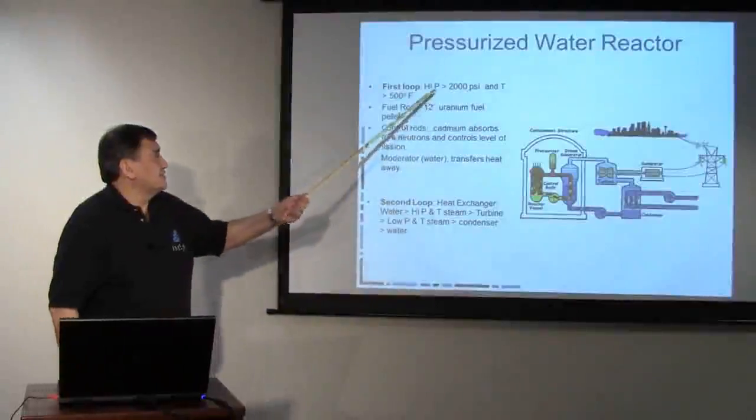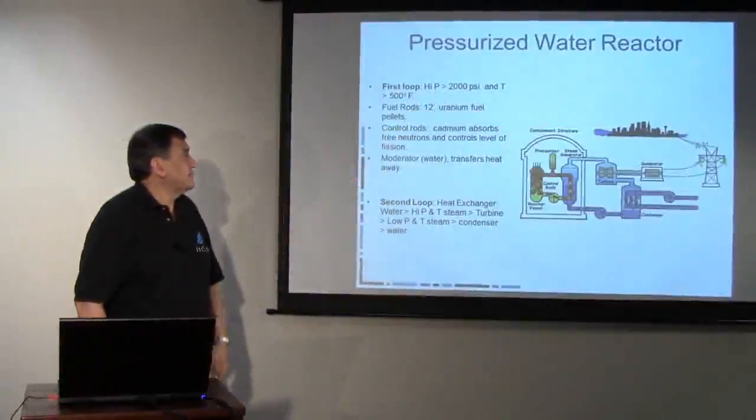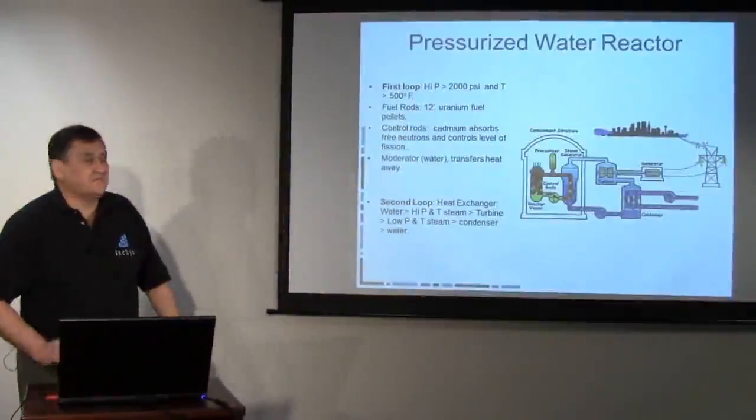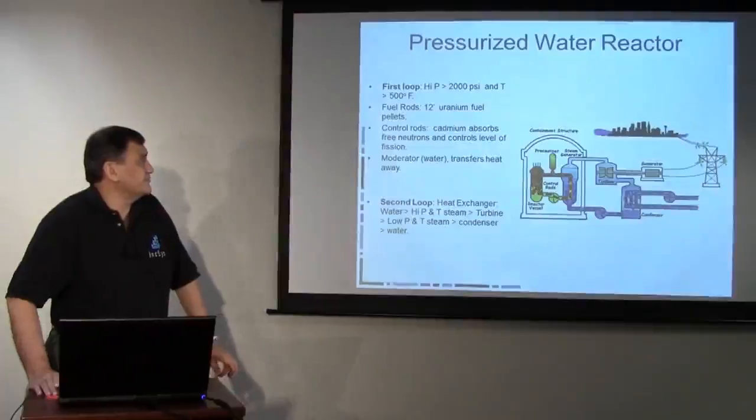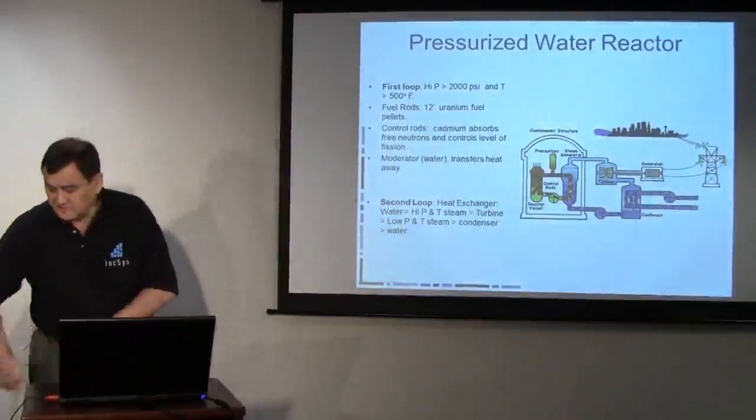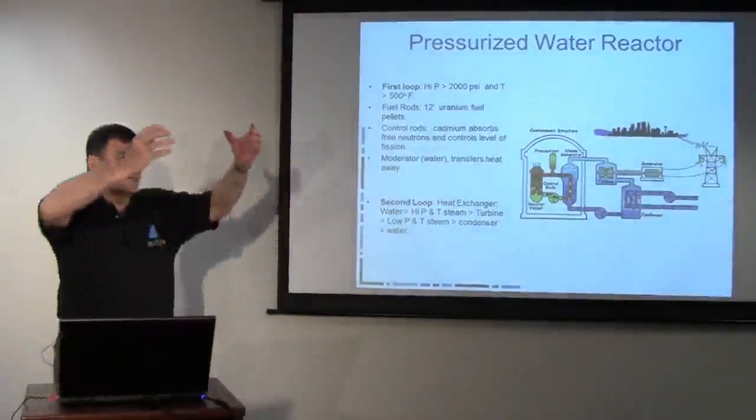So these typically run supercritical with pressures above 2,000 psi and temperatures above 500 degrees Fahrenheit. And the core of the reactor are these fuel rods, basically 12-foot long rods with uranium fuel pellets. And those pellets are going through a fission process, and they are emitting neutrons.